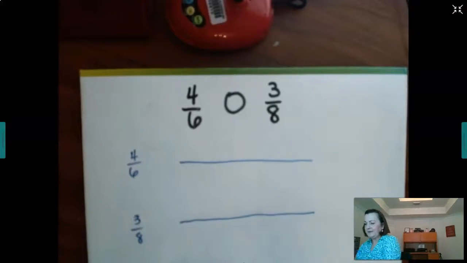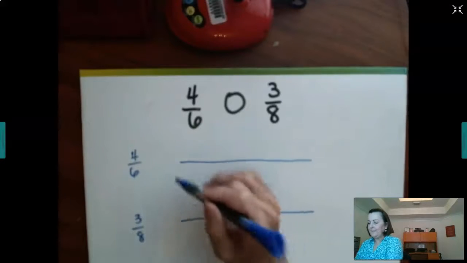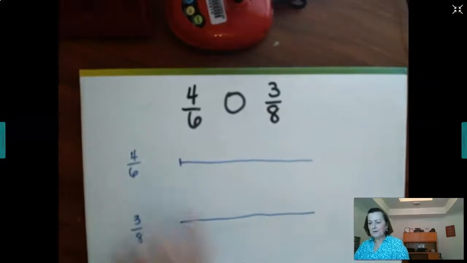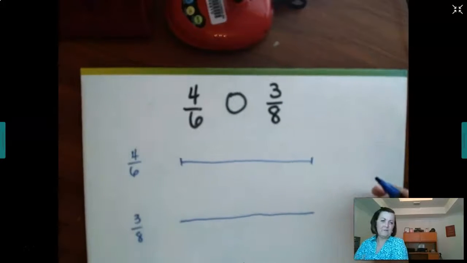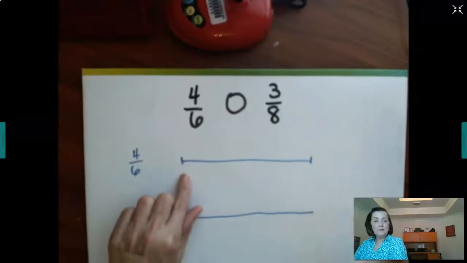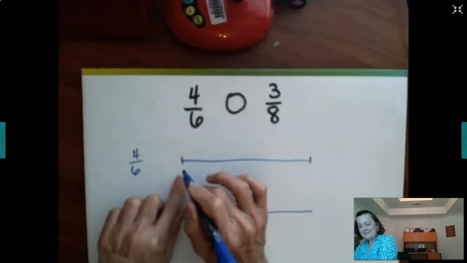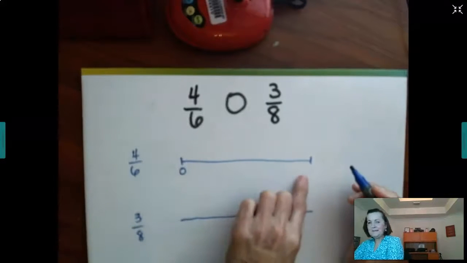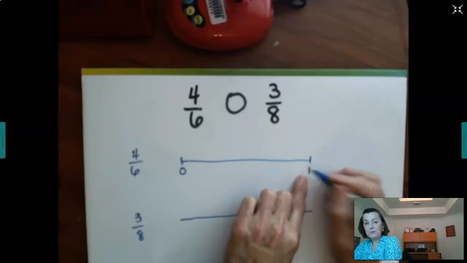Next step is I'm going to find my benchmarks, those numbers that we're all familiar with. So if I mark this spot here and this spot, we all know that a fraction is something that's less than a whole. So I'm going to start labeling this tick mark with 0, and this point on my number line will be 1 whole.